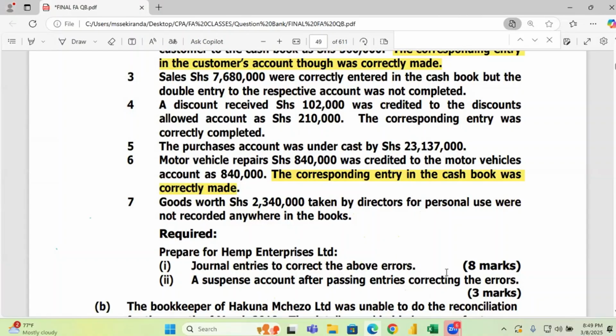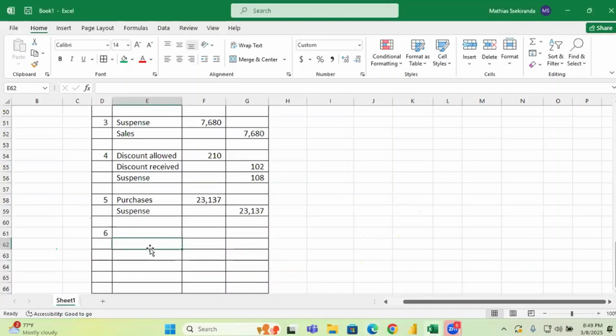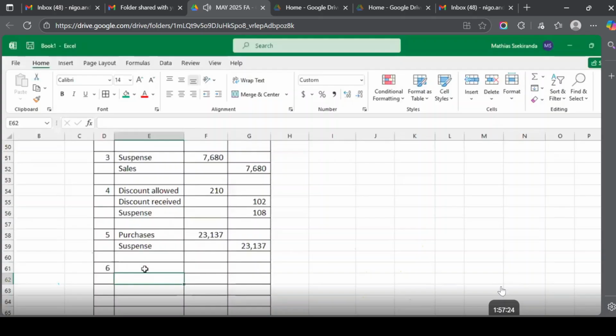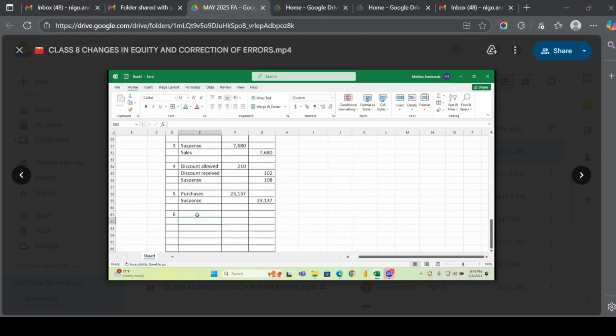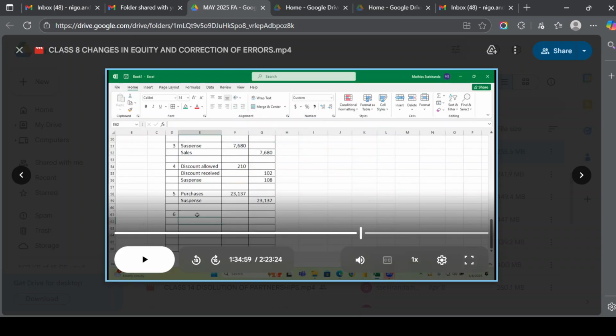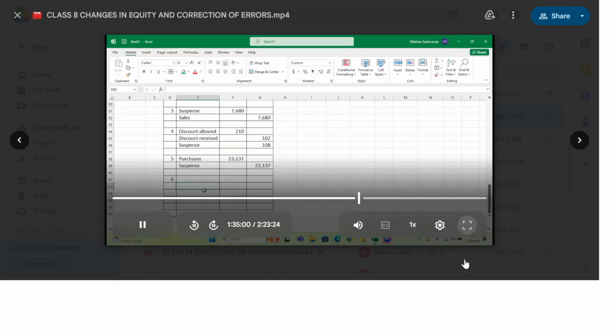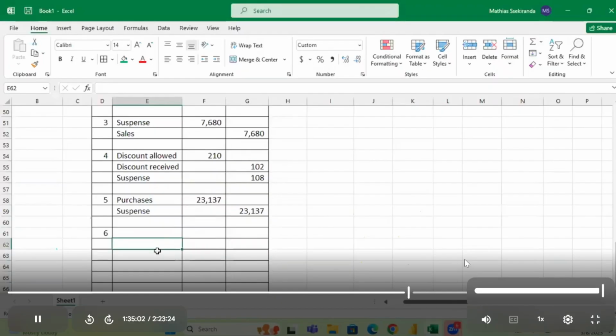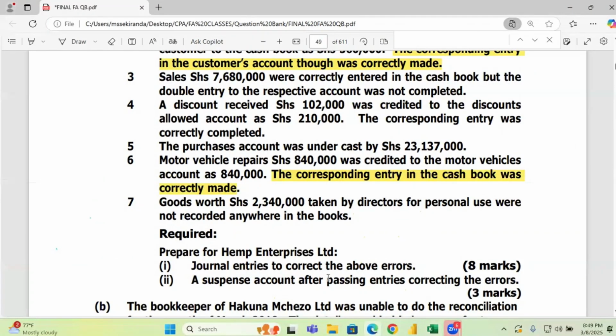So you reverse it. Motor vehicles are normally debited. So when you are reversing a figure, we shall do what? What are they saying? Motor vehicle account was credited, okay?